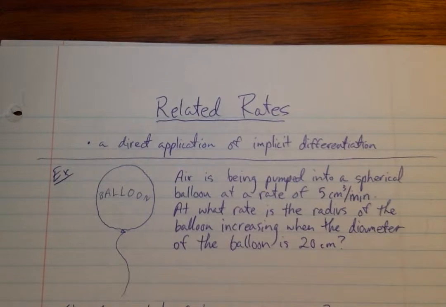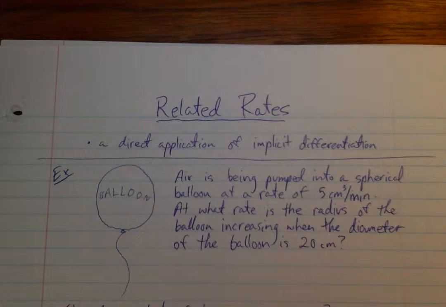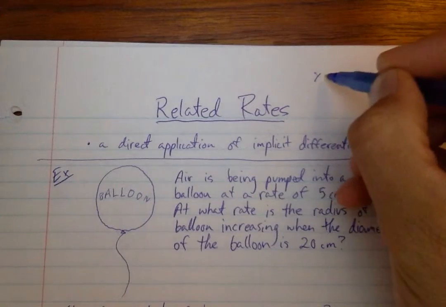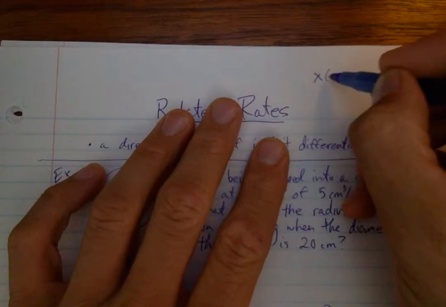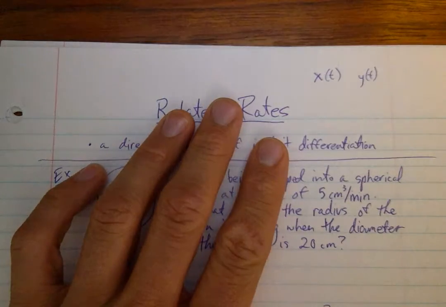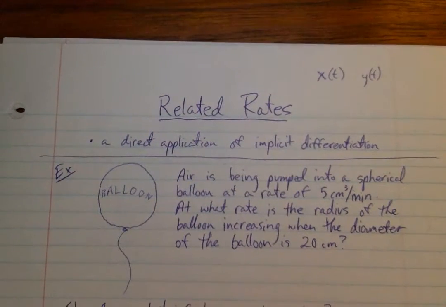So, we got done with implicit differentiation, and we ended with that weird example where, instead of having just x and y, we had x equal to x of t and y equal to y of t. So they were two functions within functions.